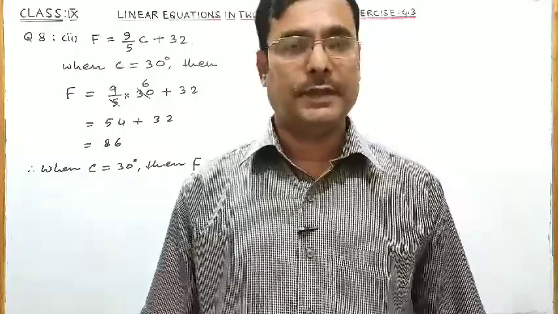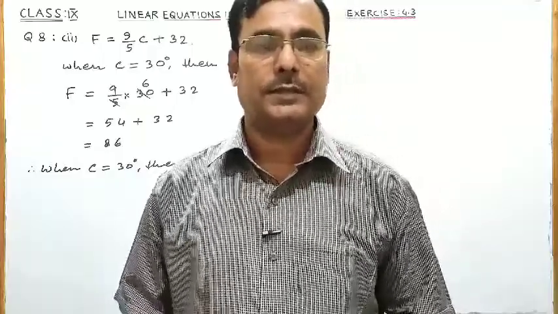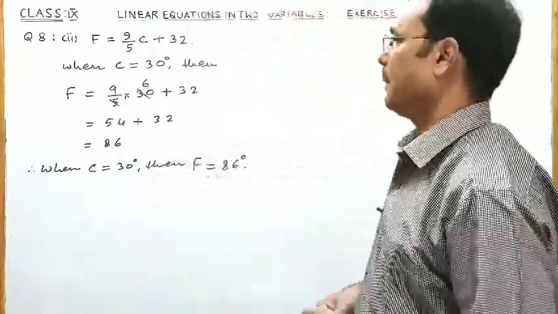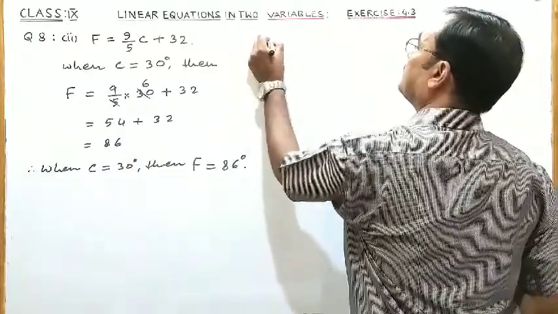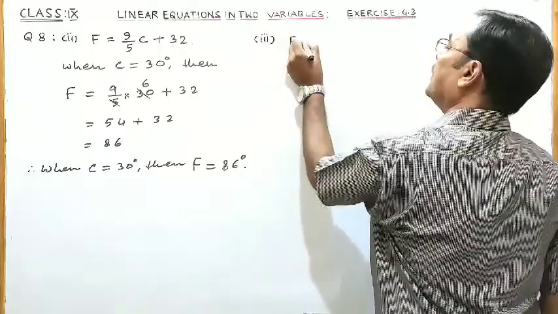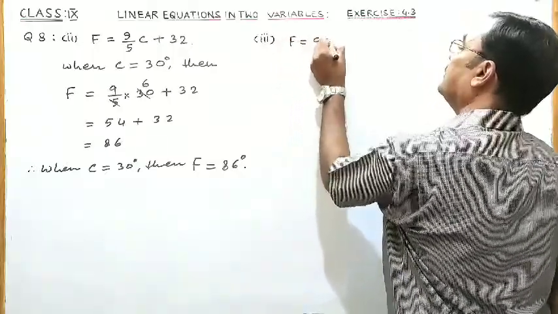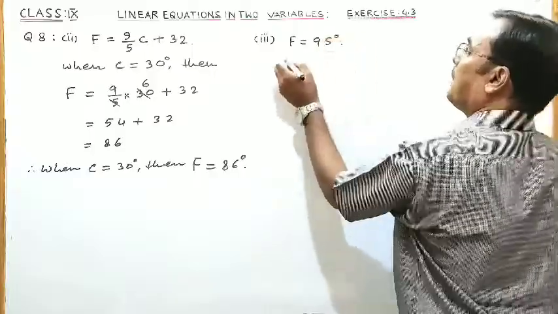Third part, if the temperature is 95 degree Fahrenheit, then what is the temperature in Celsius? So third part, Fahrenheit scale of temperature is given 95 degree.